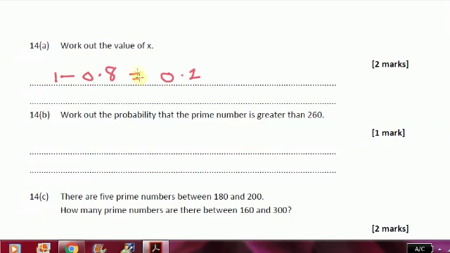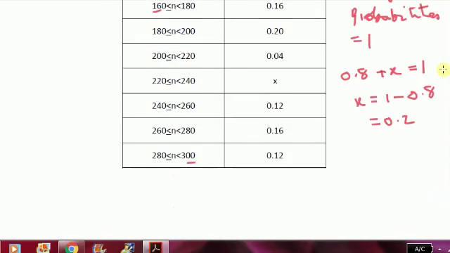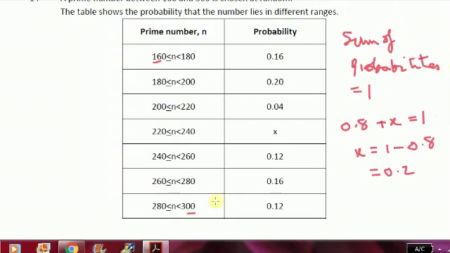So now we move on to part B, which says work out the probability that the prime number is greater than 260. So if we look at the last two classes, we want n to be greater than 260. You may be worried about the equal sign where it says there, but it doesn't matter because we know that 260 is not a prime number.